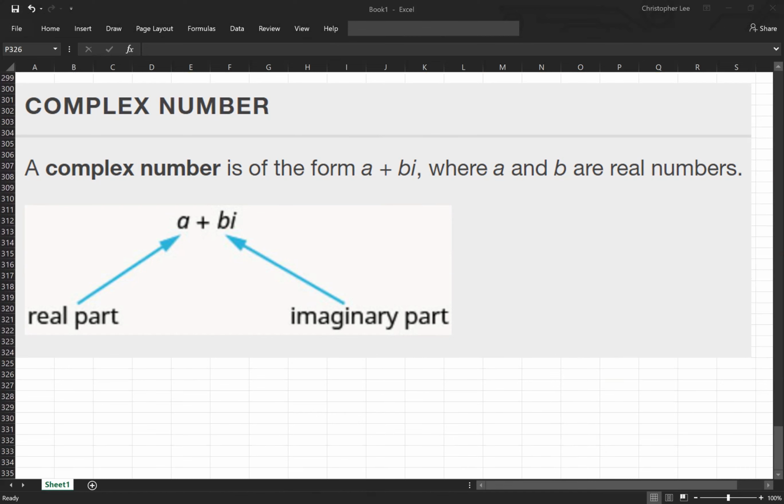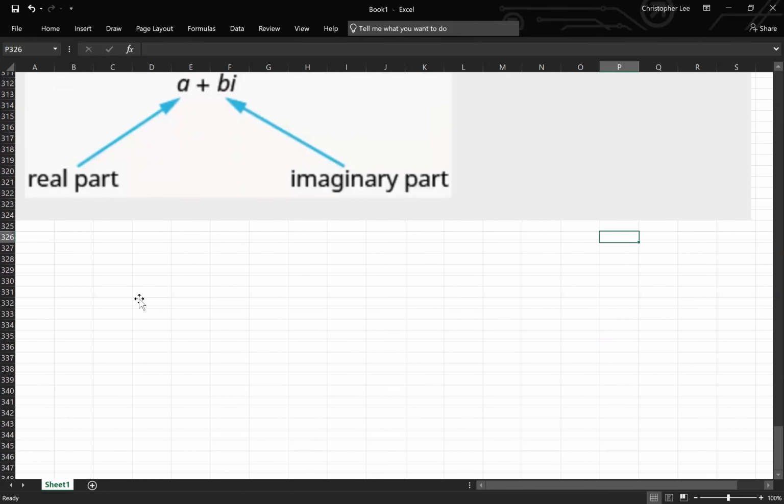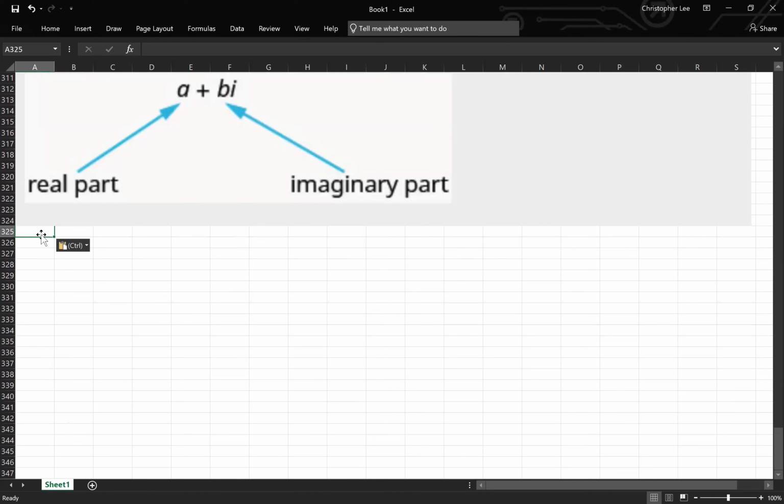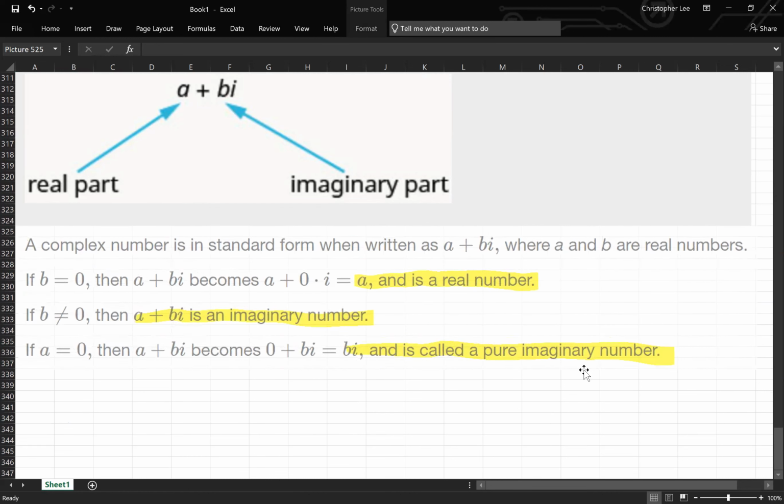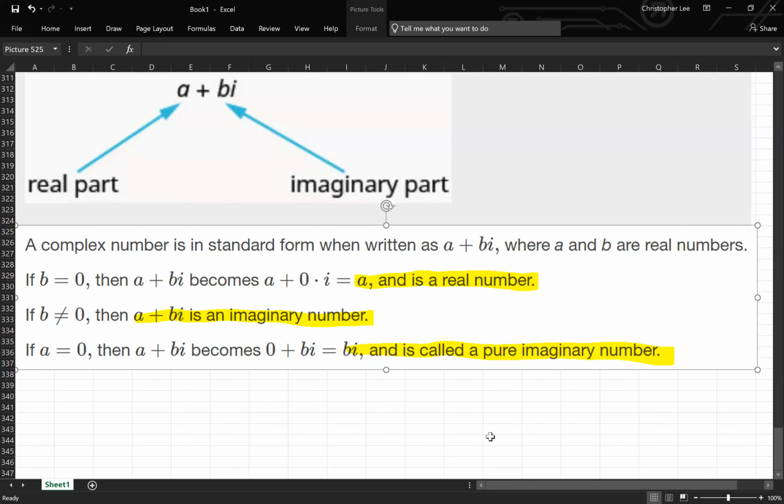Dang, nobody said that. All right, one more time. A complex number is in standard form when written as a plus bi, where a and b are real numbers. If b equals 0, then a plus bi becomes a plus 0i, where a is a real number. That's what we're used to, right?